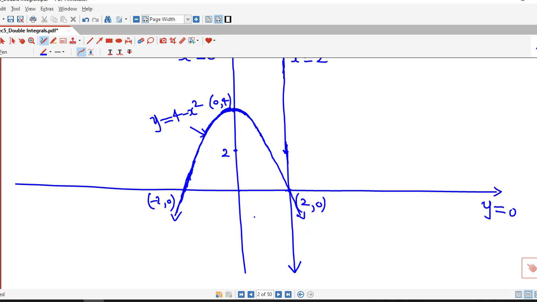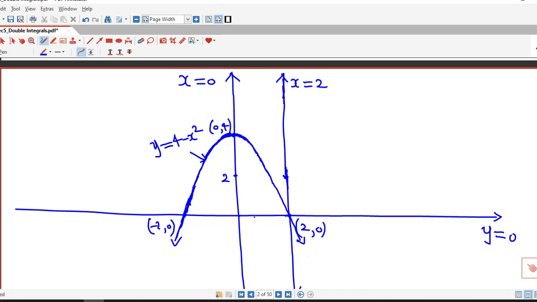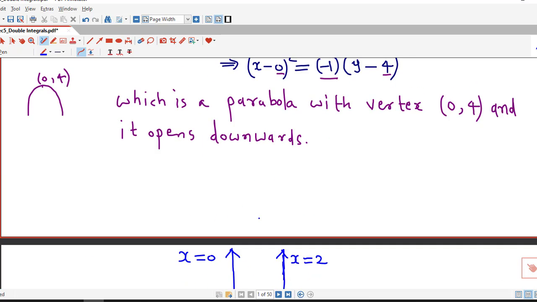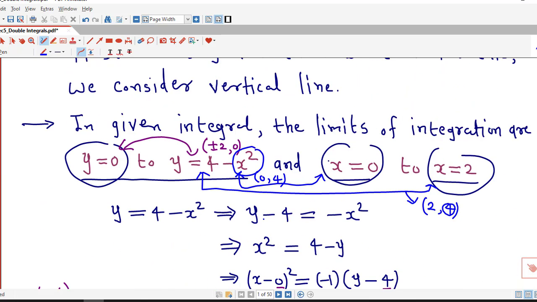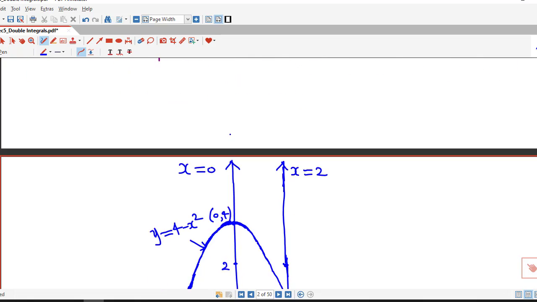Now we have sketched y equal to 0, x equal to 0, x equal to 2 and y equal to 4 minus x square. Now x is between 0 and 2 and y is from 0 to 4 minus x square.